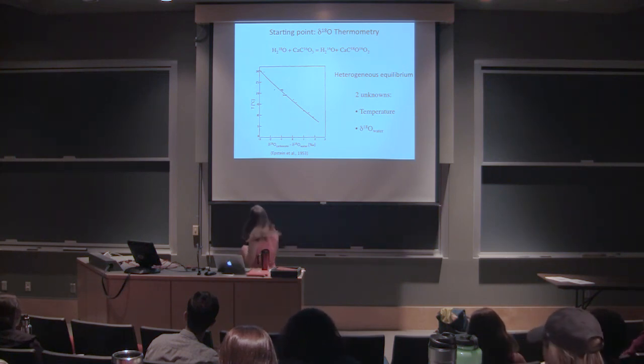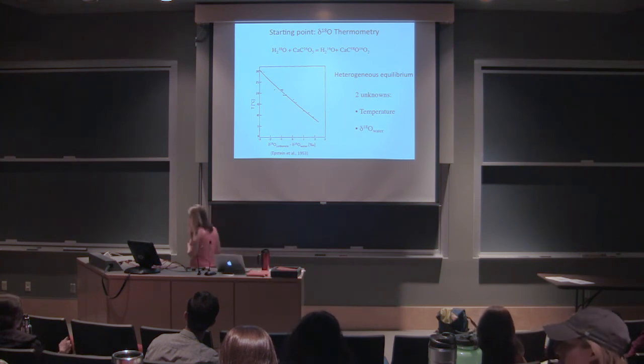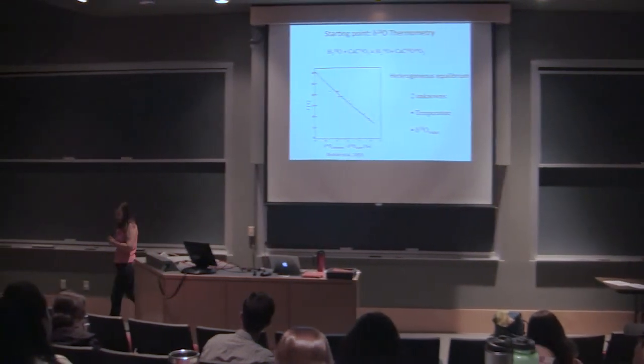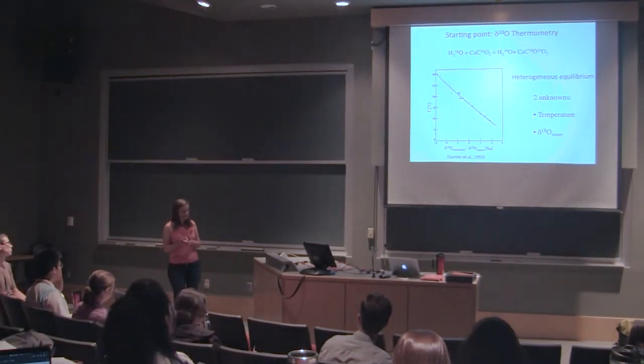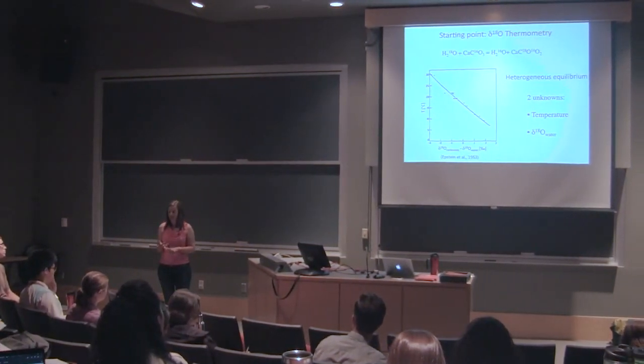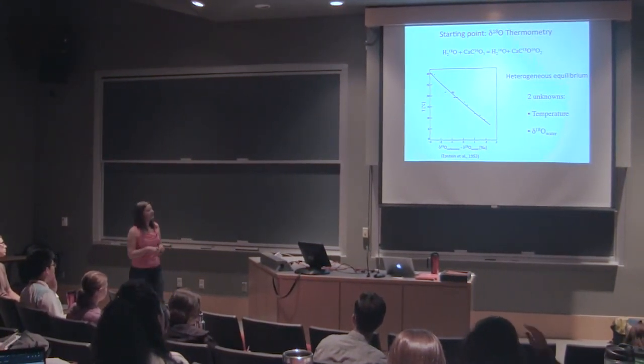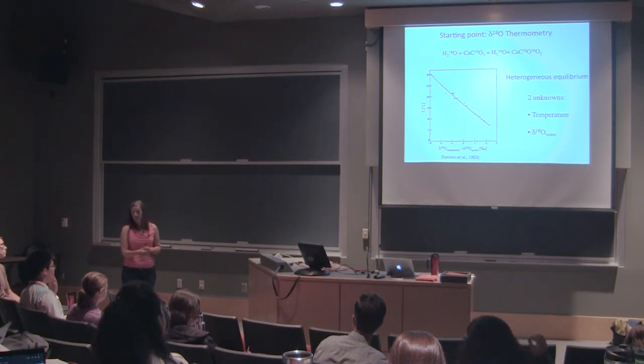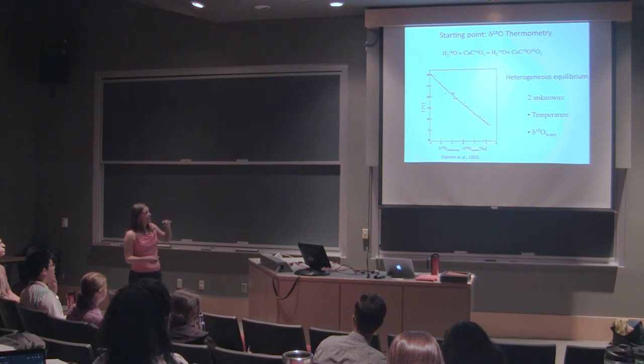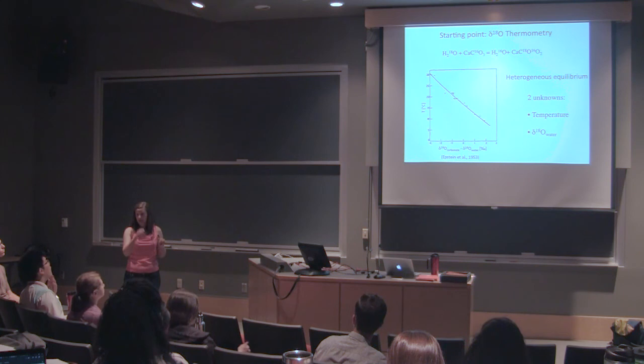To do your C13 and O18 in carbonate, you would measure mass 44, 45, and 46 of CO2 evolved from that carbonate. So you've already gotten your C13 and your O18 values. In the case of clumped isotope thermometry, we're adding one more mass. So we have another detector, measuring at the exact same time.